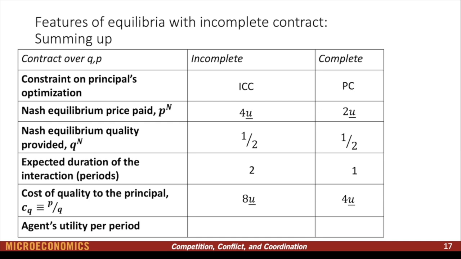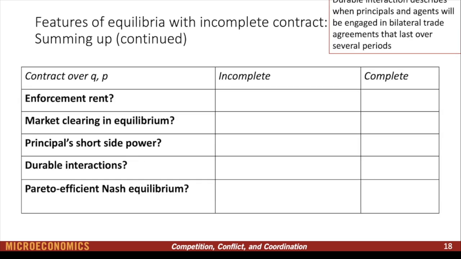So we see that the cost to the principal is 1/2 in the complete contracting case what it was in the incomplete contracting case. And the agent's utility, they get 2 U under bar in the incomplete contracting case per period, whereas they get 0 in the complete contracting case. Why? They're on their participation constraint, they get 0 utility.